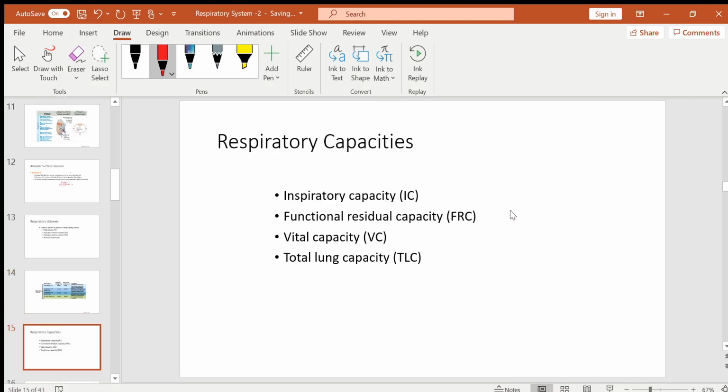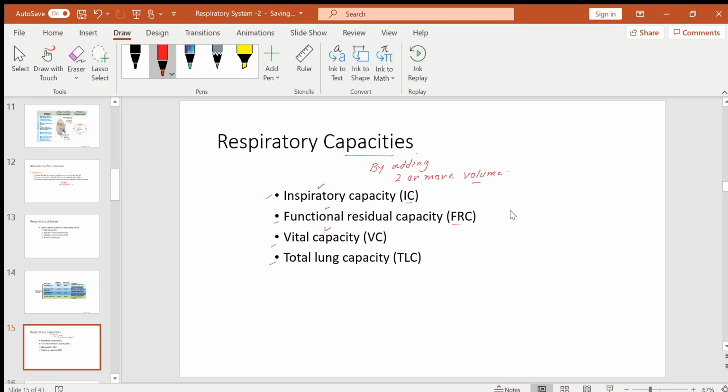Capacities are inspiratory capacity or IC, functional residual capacity, vital capacity, and total lung capacity. We get the capacities by adding two or more volumes. So we have four volumes, remember. By adding two or more, we get these four different capacities of the lung.